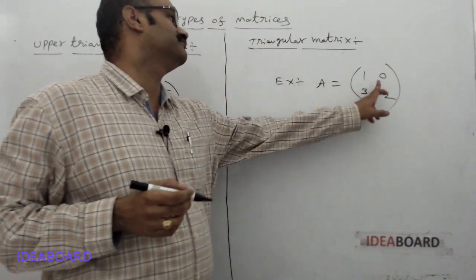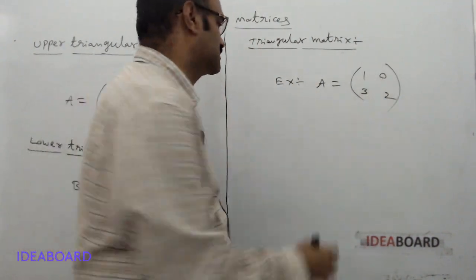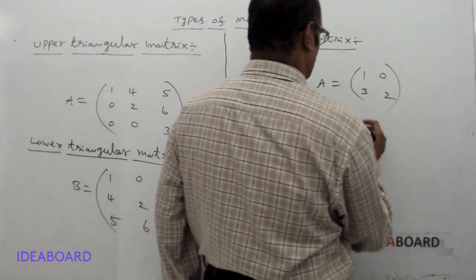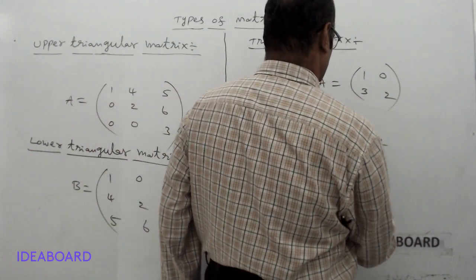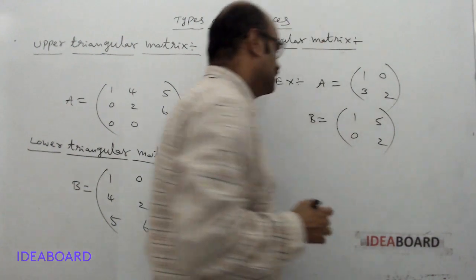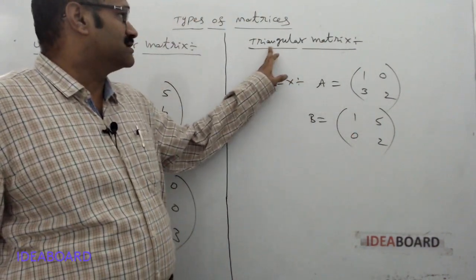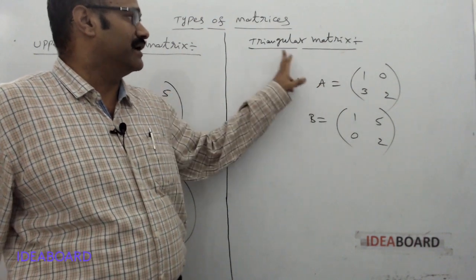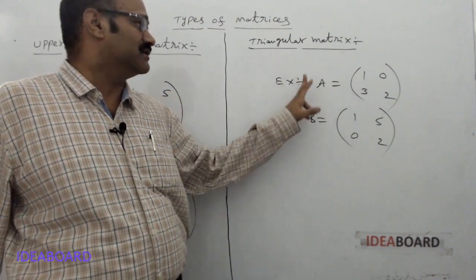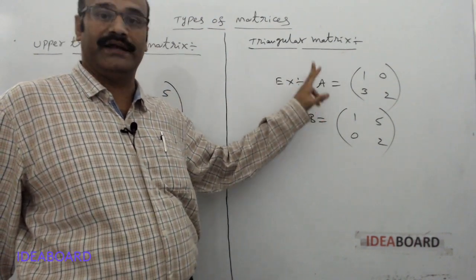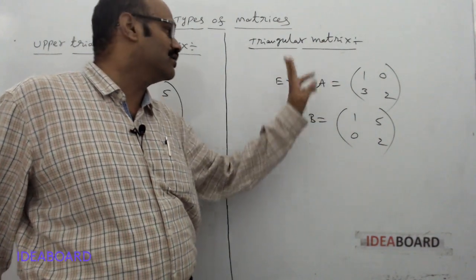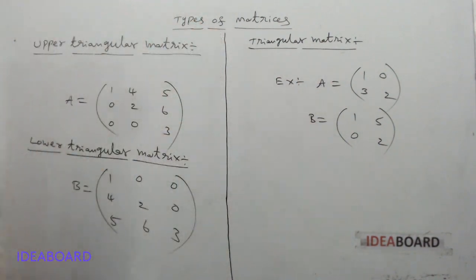This is called a lower triangular matrix. B equal to, this is called an upper triangular matrix. So the definition of triangular matrix is a square matrix which must be either an upper triangular matrix or a lower triangular matrix.